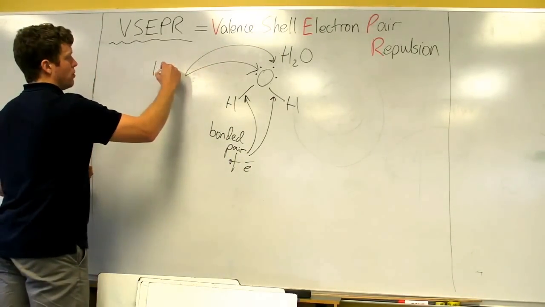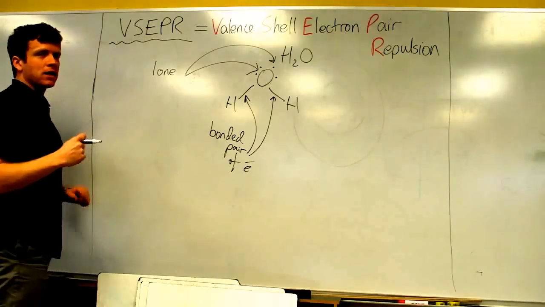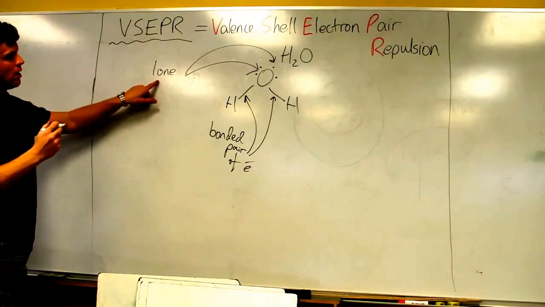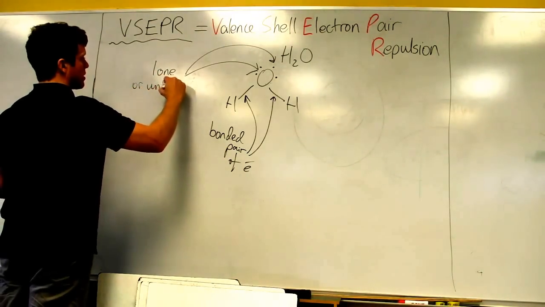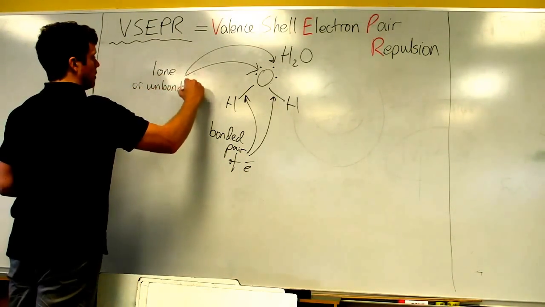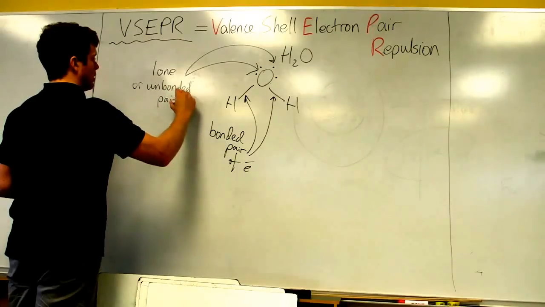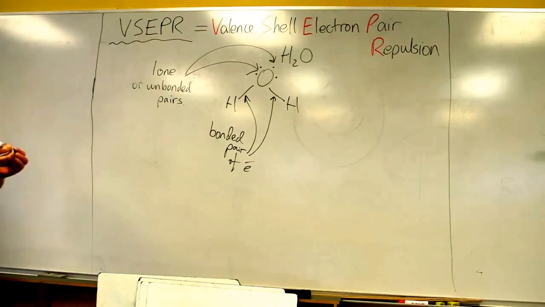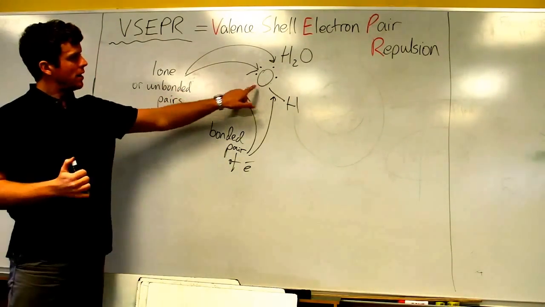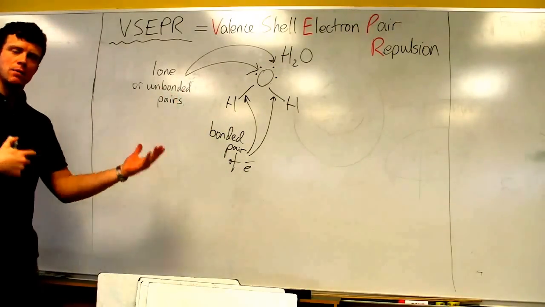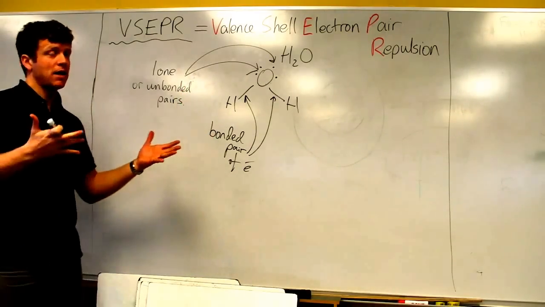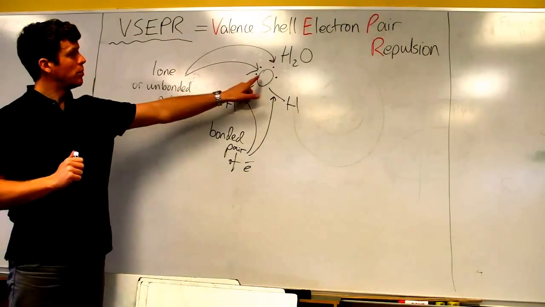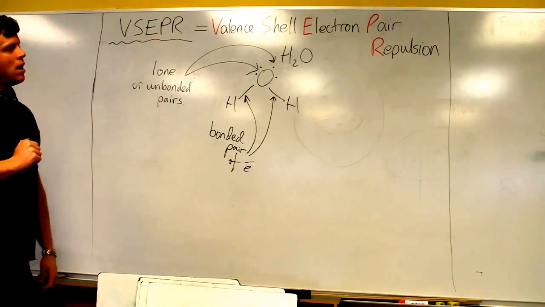there's 2 ways to describe it, and you might see both. But they're all called lone or unbonded pairs. So shared electrons are bonded, that makes sense because it's a covalent bond. Lone pairs, they're lonely, they're unbonded with anything, so they would be called lone pairs.